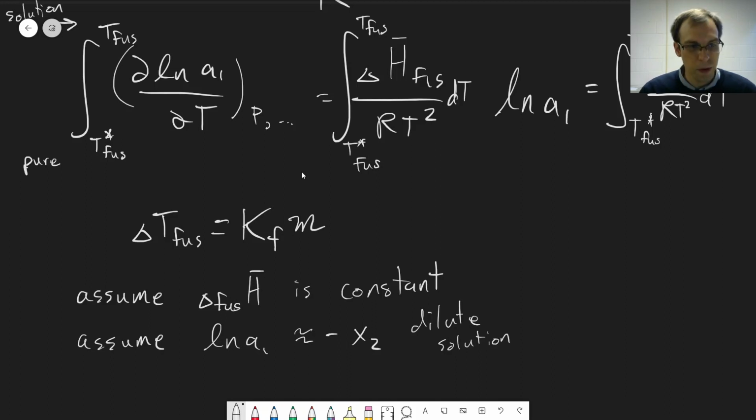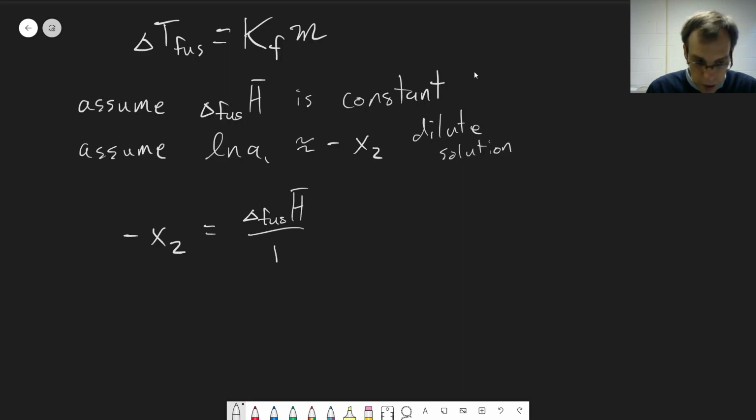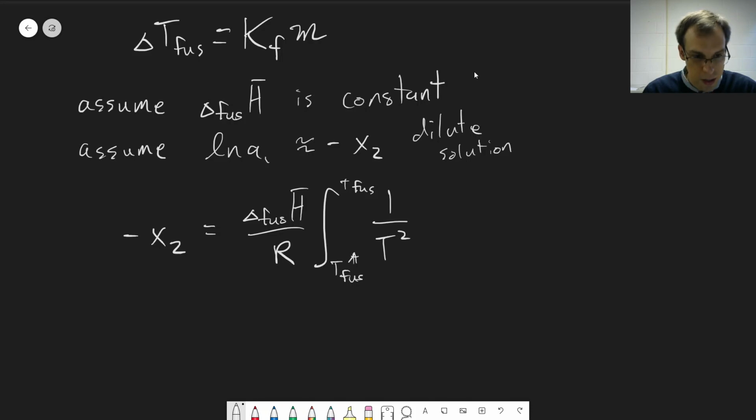If we make both of those approximations, we can rewrite our integral as negative x2, that's the natural log A1 term, is equal to the enthalpy of fusion over R, and those are both constants, times the integral from T fusion star up to whatever our change in T fusion is, of 1 over T squared dT. So now this is something that we can solve. This is a pretty straightforward integral now.